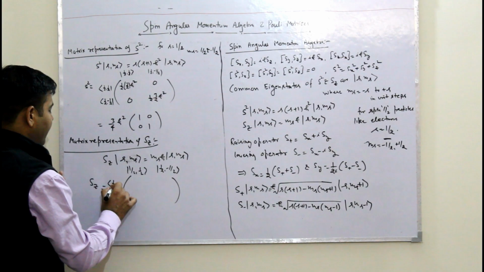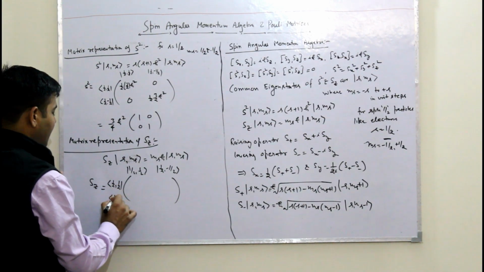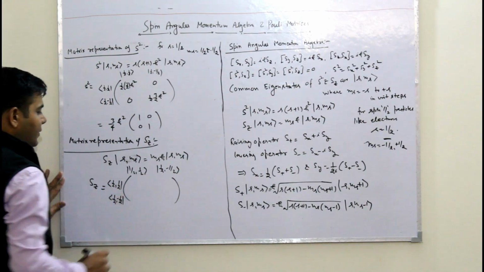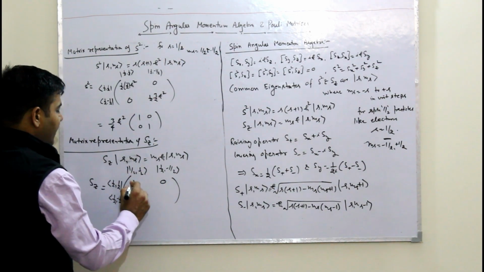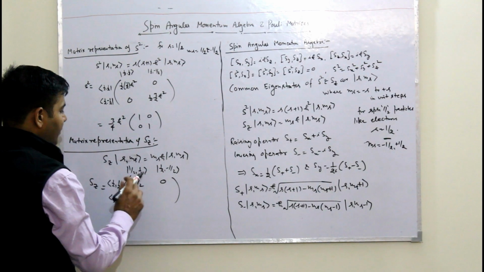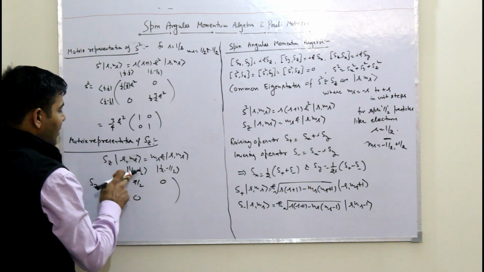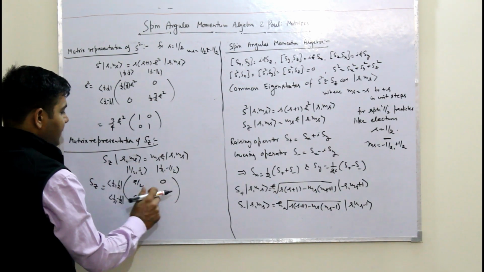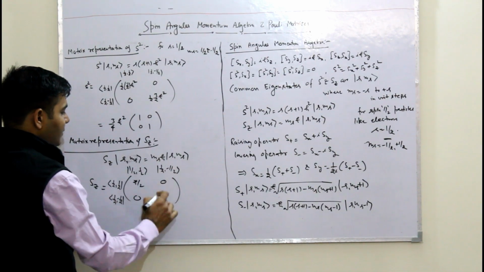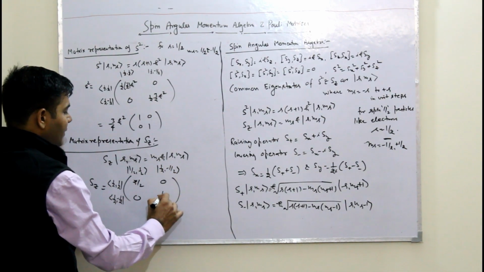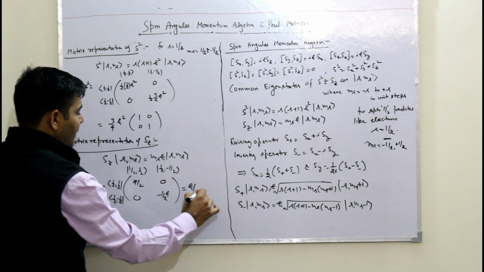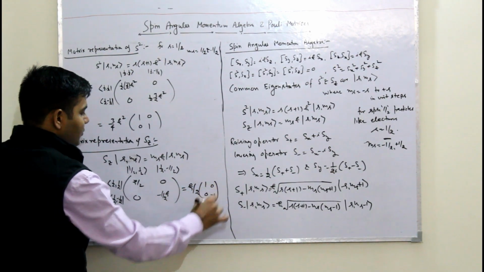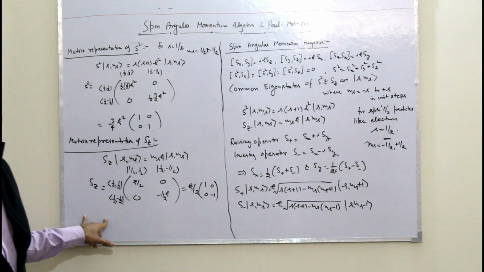The off diagonal terms would be 0, and the diagonal term would be h cross by 2 here, because ms is plus half. In this case, it will be minus half h cross because of the ms value being minus half. So what we get is h cross by 2 times the matrix 1 0 0 minus 1 as the matrix representation for Sz.